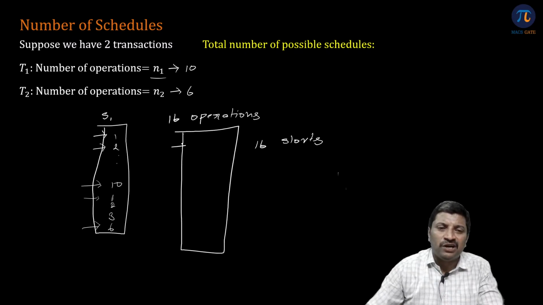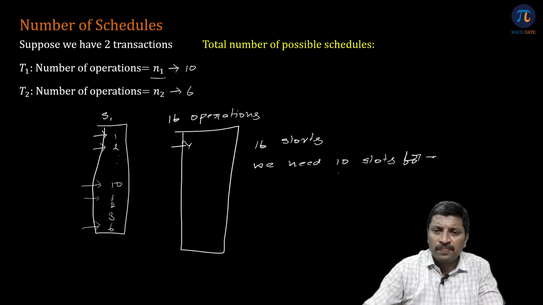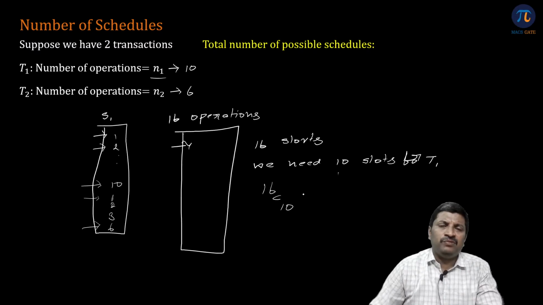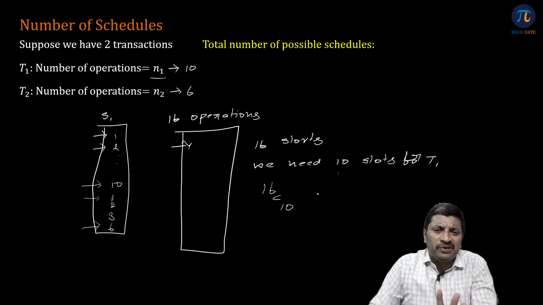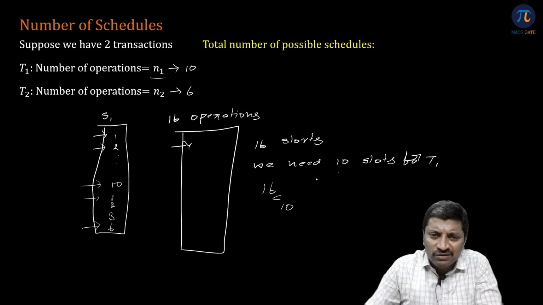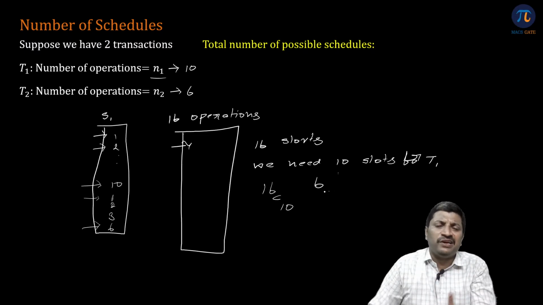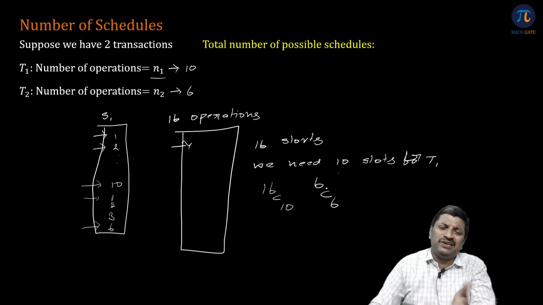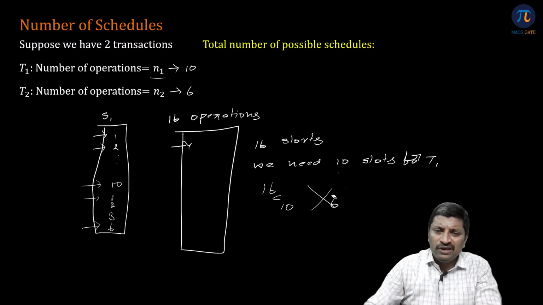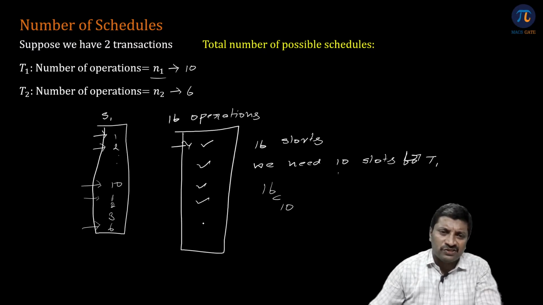Out of 16 slots, we need 10 slots for the first one. That may be anywhere, sir. We need 10 slots for T1. So what do I do, sir? 16 C 10. Then in those 10 lines, I will write 10 operations. Then how many remaining slots do you have, sir? 6. In those 6, I will write the remaining. That is 6 C 6, which is 1. Instead of writing it, you can leave it. Suppose these are my 10 slots.